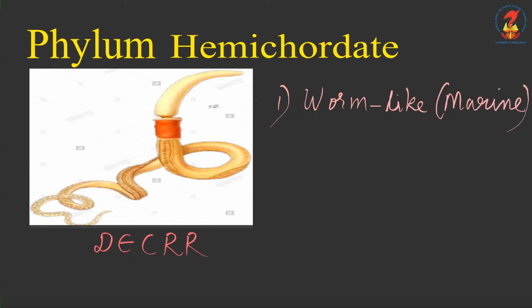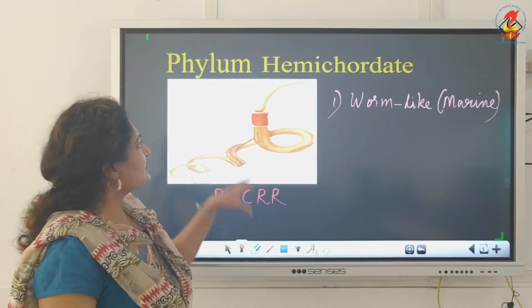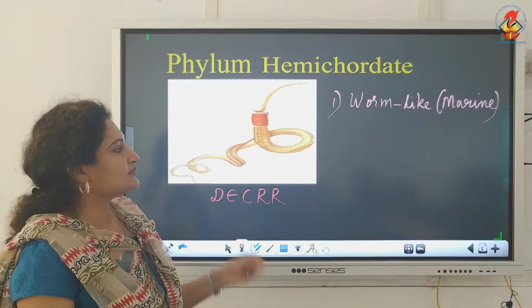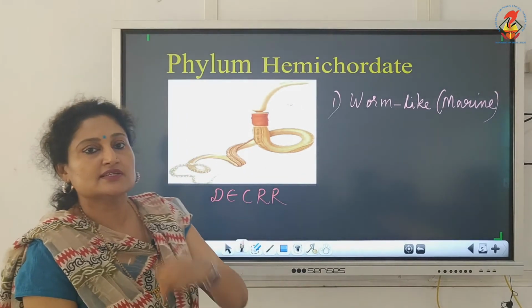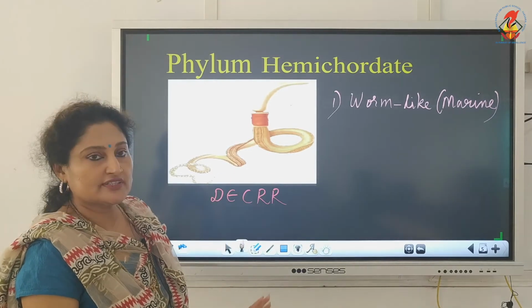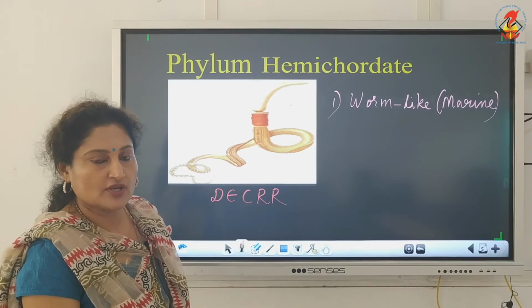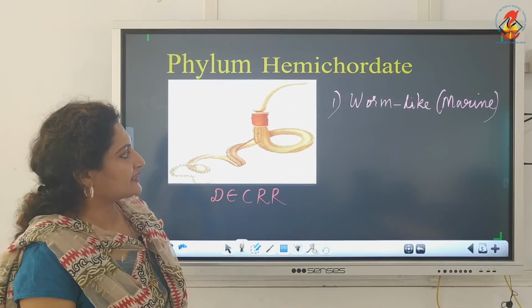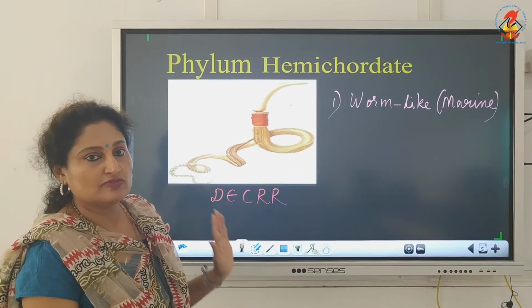So, these are marine worm-like organisms, and Hemichordata had a disputed position. Some taxonomists placed it under non-chordates, some placed it under chordates. Earlier it was placed under chordates, now it is finalized, it is placed under non-chordates just because it lacks a notochord. So, the distinct feature of Hemichordates is their worm-like marine forms.